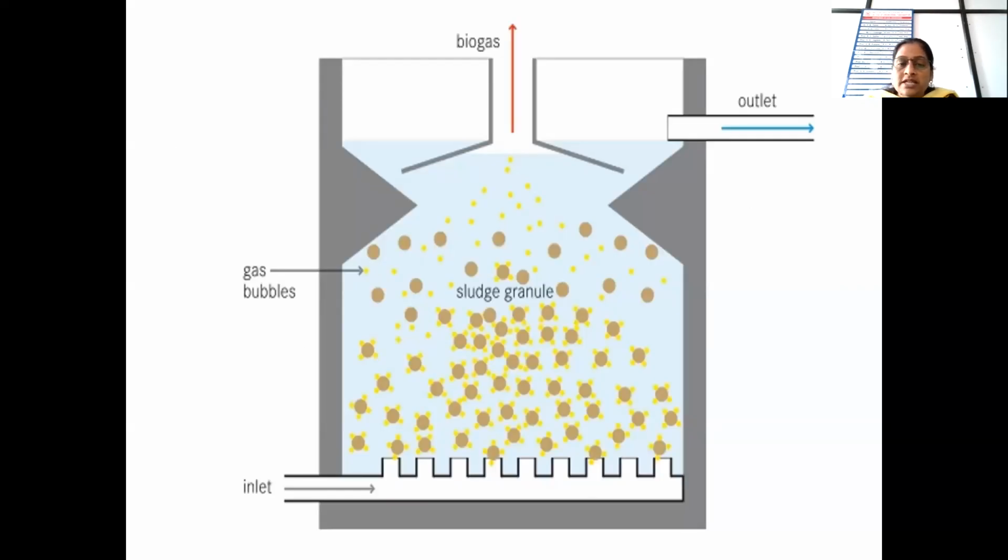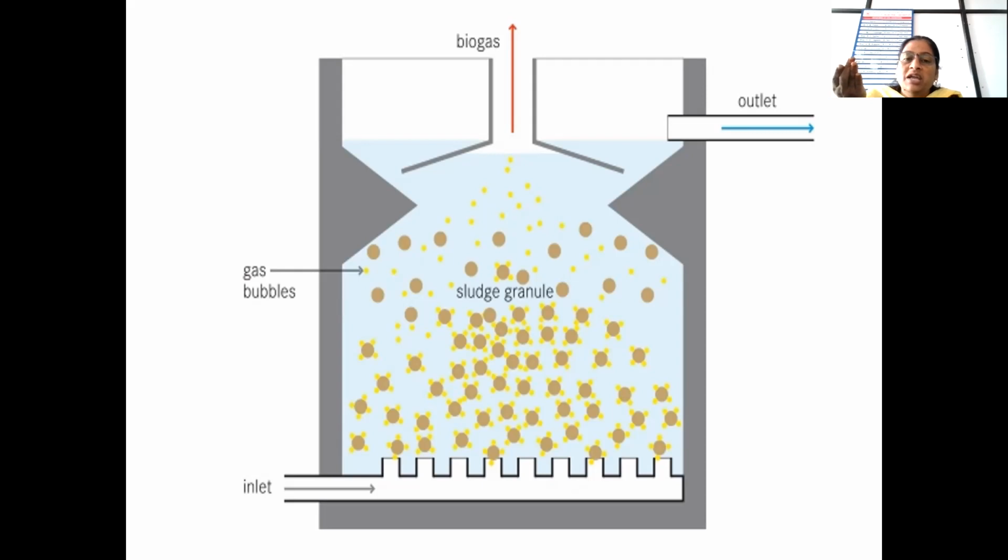Sludge will be deposited into this tank, and from the bottom the gas will be passed through, and the gas as well as the solid particles will move in an upward direction. That's why it is upflow.